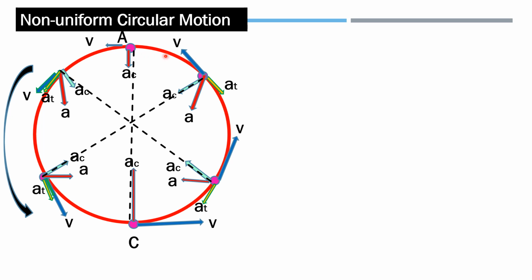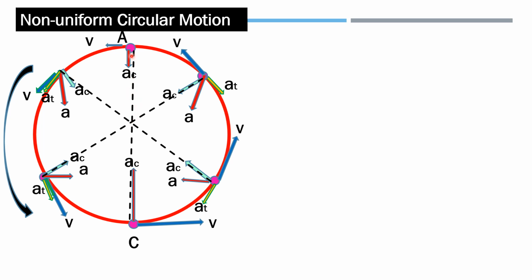As shown in the diagram, we label our tangential velocity with small letter v. At point A, it is directed tangent to that point. And the centripetal acceleration, of course, is directed towards the center.